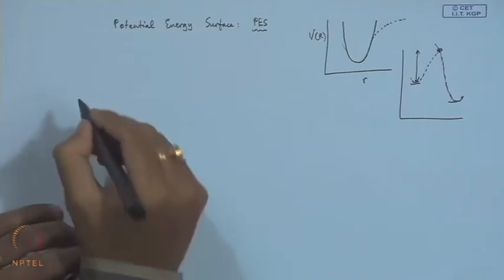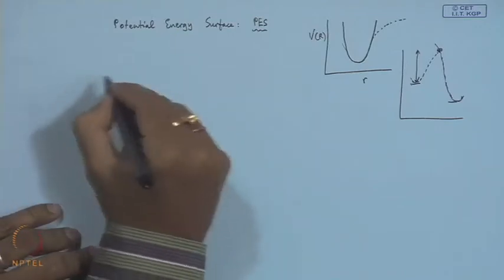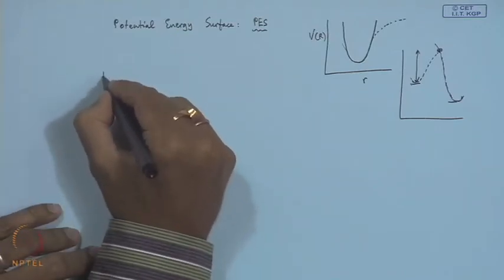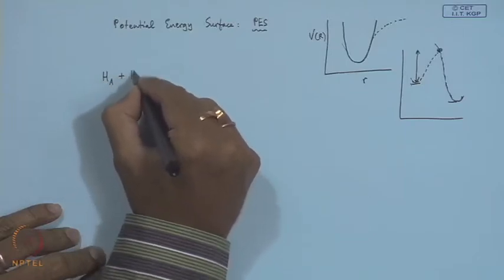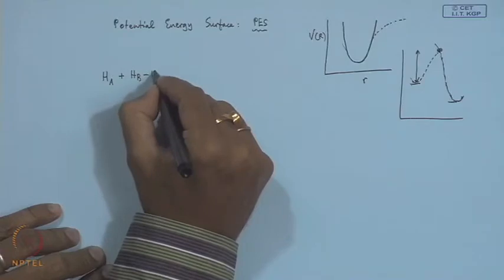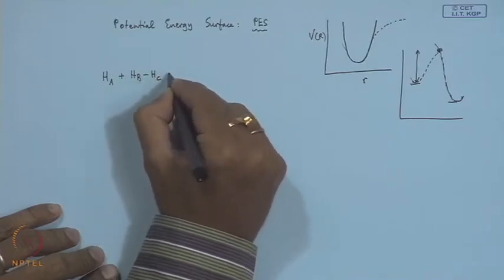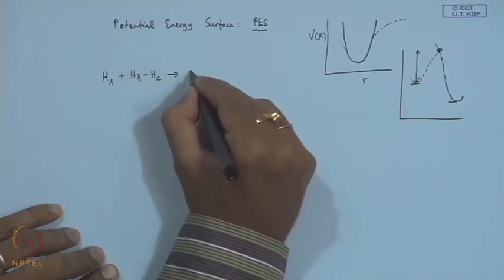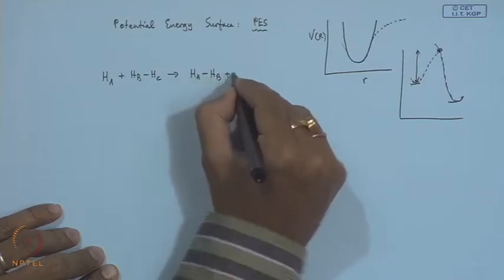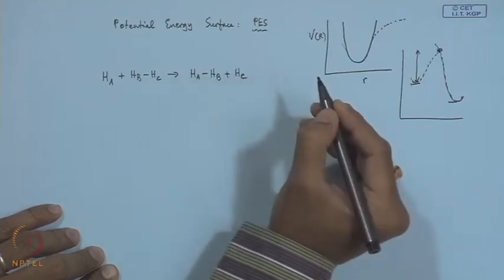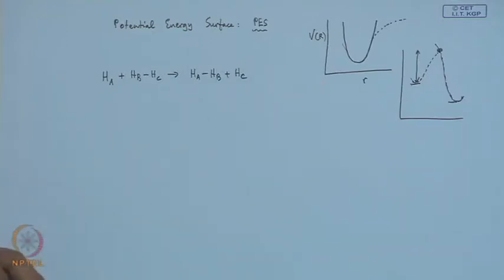So, let us consider a reaction in a collinear fashion, that is HA plus HB HC, the H plus H2 reaction, giving rise to HA HB plus HC.